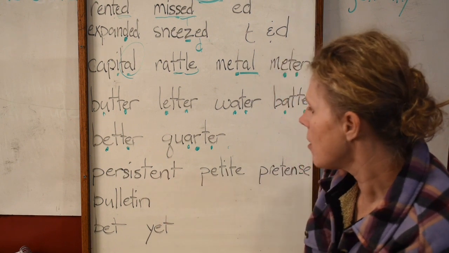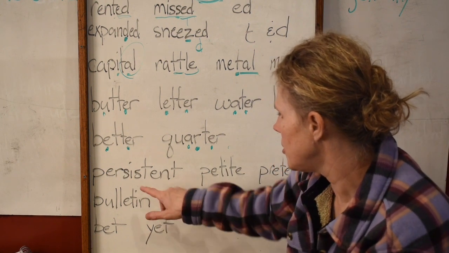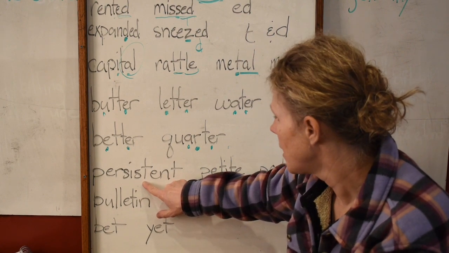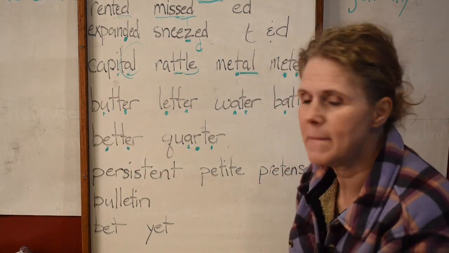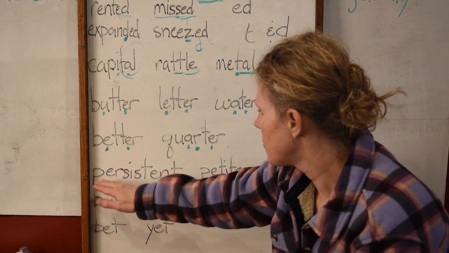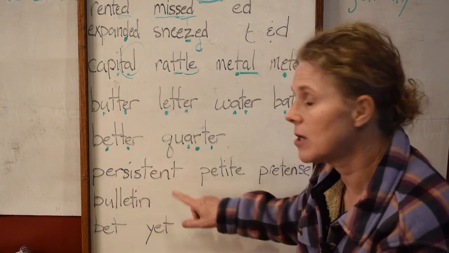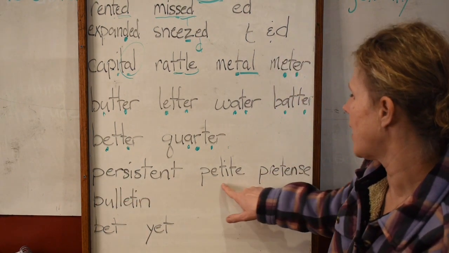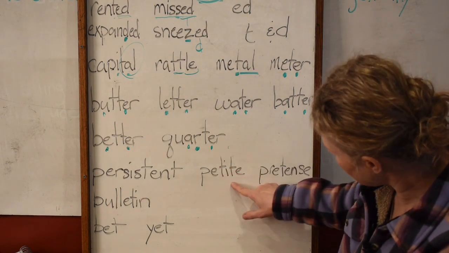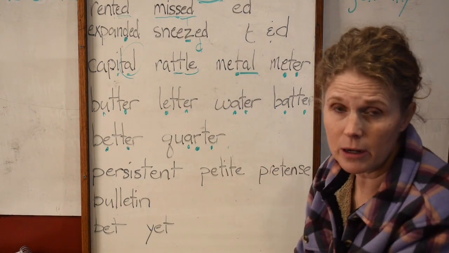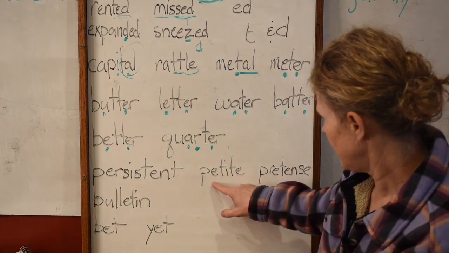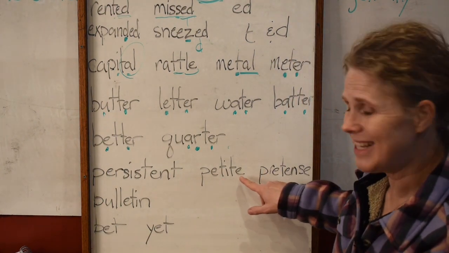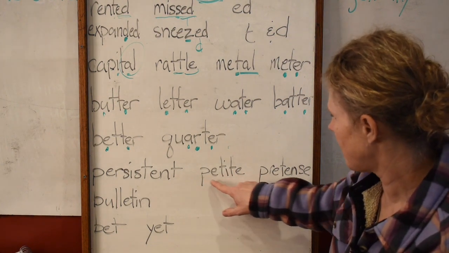I also found that when you have a T that's really part of a main part of a syllable, like in persistent, it's not going to force it. Petite. We have two vowels here, but because this is really part of a main syllable, it will not. You have to really force yourself, petite, you have to do that.